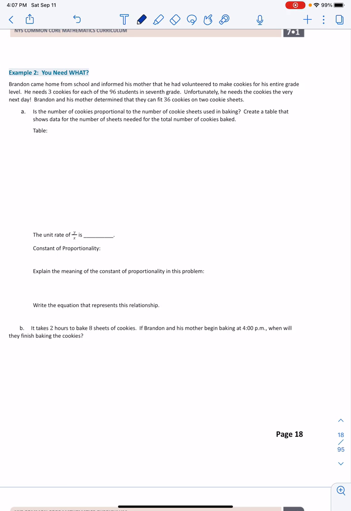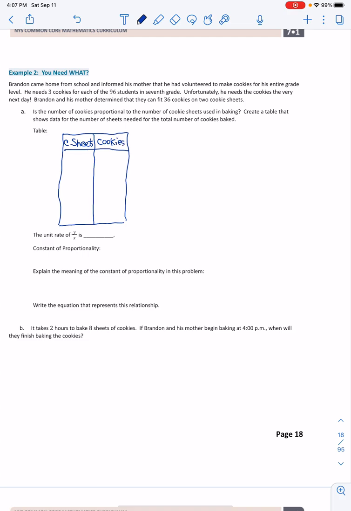Well, let's make that table first. So here's what we can do. I know I do not draw straight lines, so apologize right there. Well, we need 2 sides. So we need our cookie sheets here on this side and our cookies on this side.